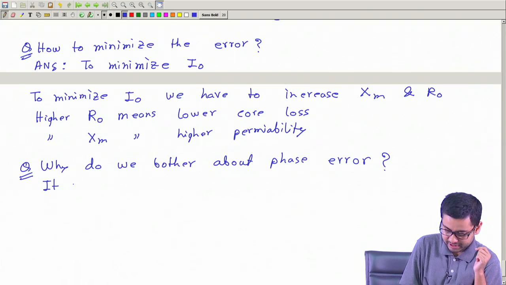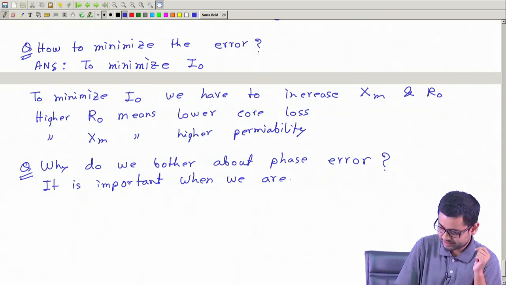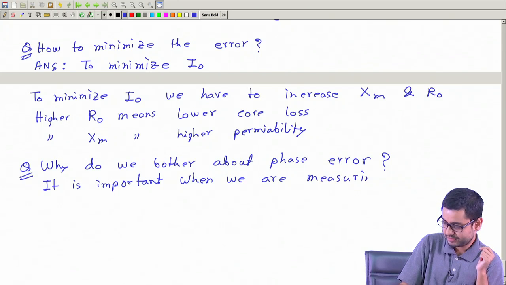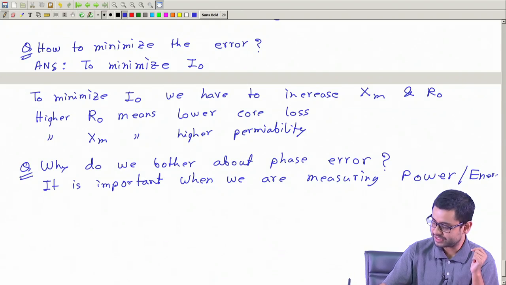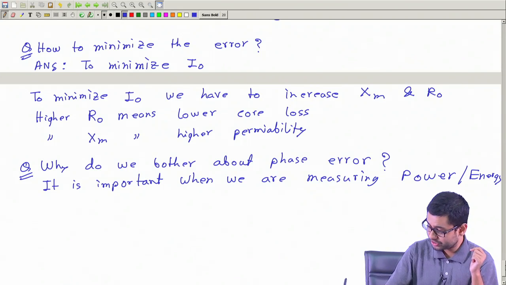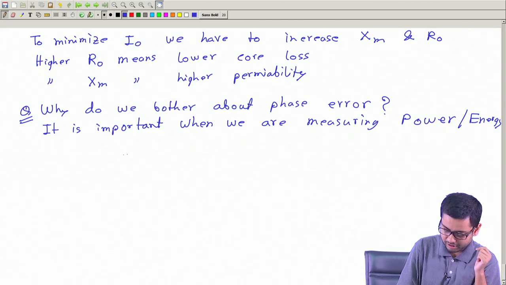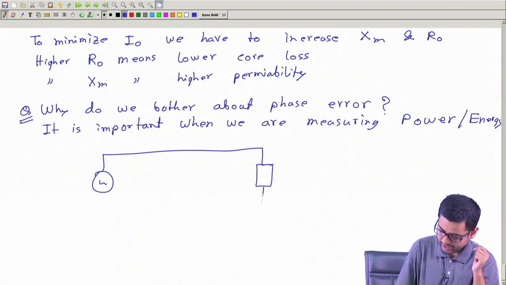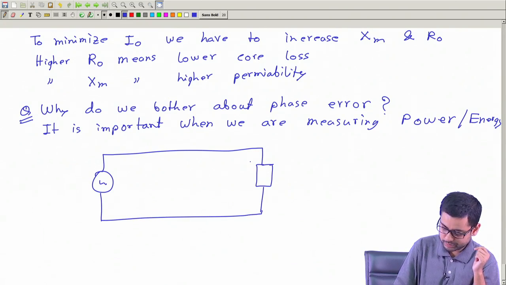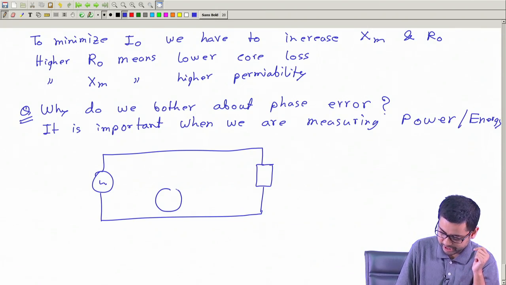It is important when we are measuring power or energy. Why? Suppose there is a source, there is a load, and we want to measure this power with a wattmeter. So let this be a wattmeter with two coils.